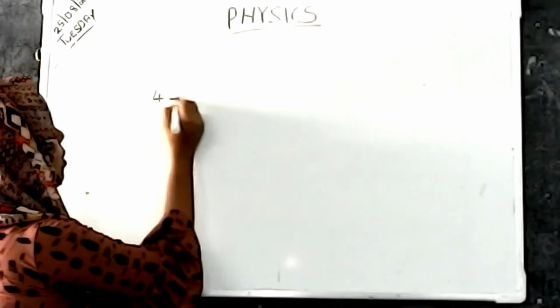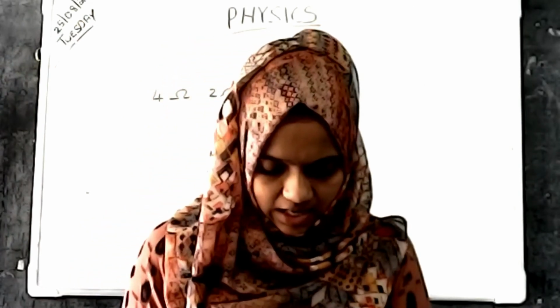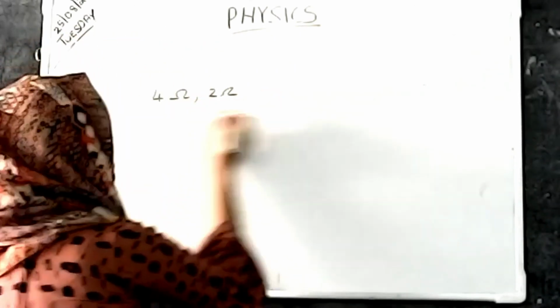And we have a problem based on the connections. We have two resistances, 4 ohm and 2 ohm. From here we want to find the current. These two resistors are connected in series.